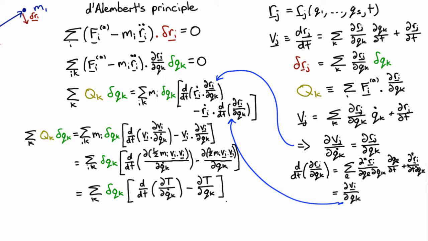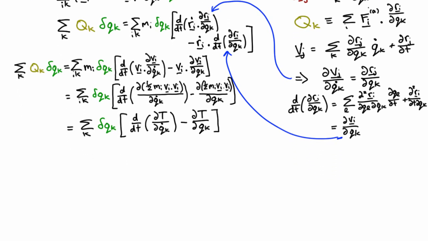We can actually go further, because these generalized forces here often come from a potential, and if they come from a potential, then we can expand this form as well. So if all of these applied forces come from some kind of external potential, then what we can say is that our Qk's can be written as minus the sum over i of the gradient, using the coordinates ri, of the potential, dotted with this.